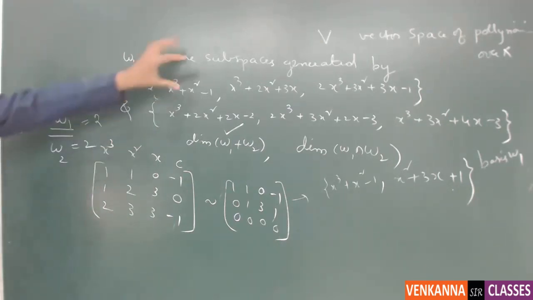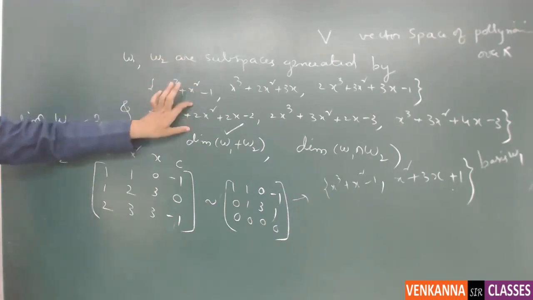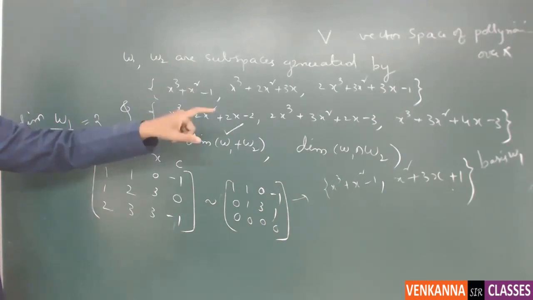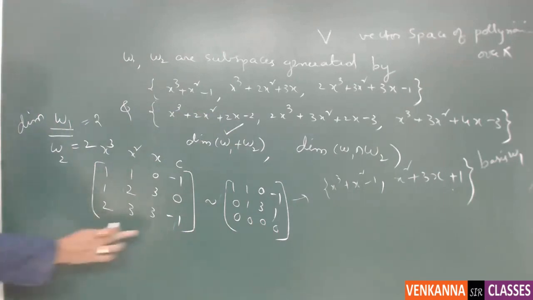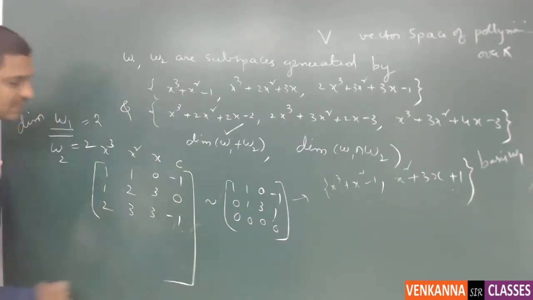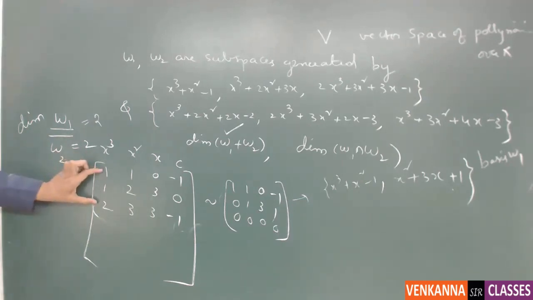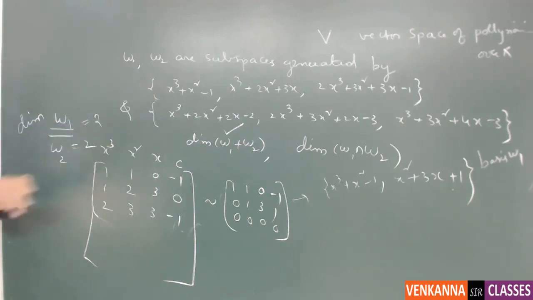So for W1, this is the generating set. For W2, this is the generating set. If you club them together, you will find the generating set for the sum. So I will get a 6 by 4 matrix like this. The first 3 values are taken from the first set. The remaining 3 values are taken from the second set.